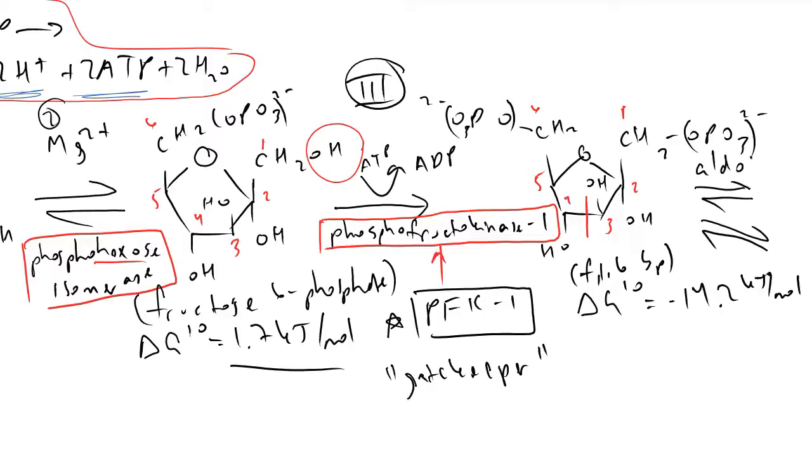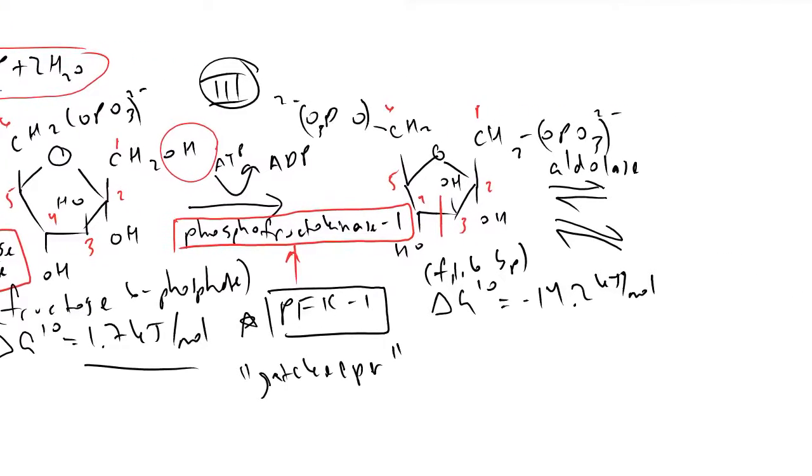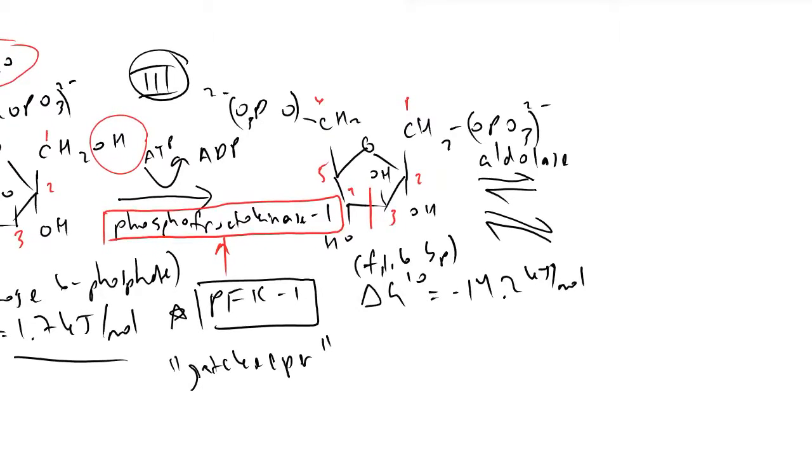Aldolase will cut the carbon 3 carbon 4 bond, and this results in the formation of a molecule referred to as dihydroxyacetone phosphate, which I abbreviate DHAP. Sorry, I'm trying to keep things clean.